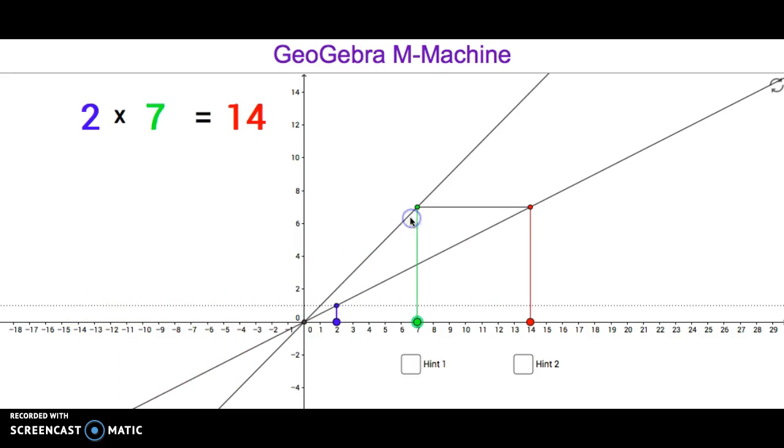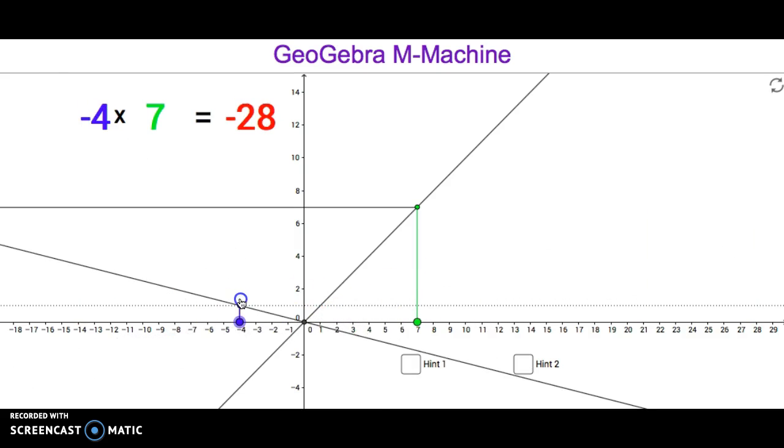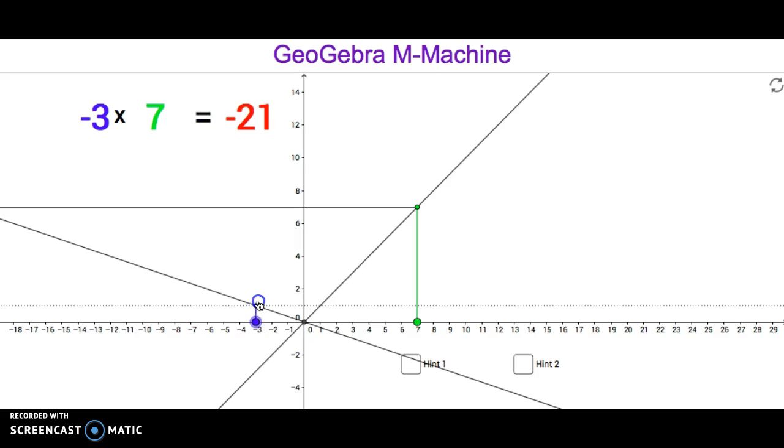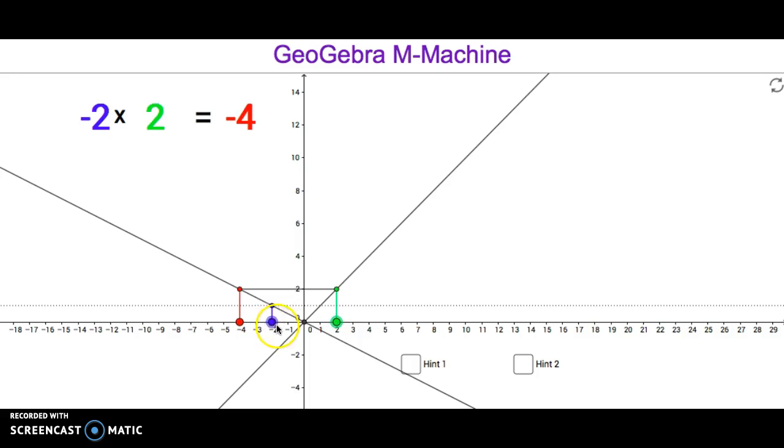Now we can say negative 2 times 1, which is negative 2. We could say negative 2 times 2 would be negative 4, so this is y equals negative 2x, and I plug in 2, y equals negative 2 times 2, which would be negative 4.